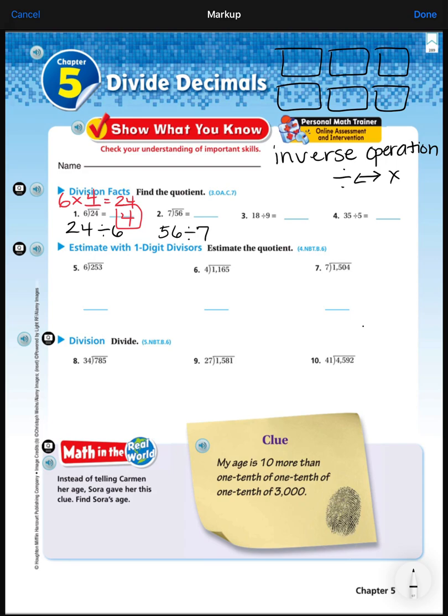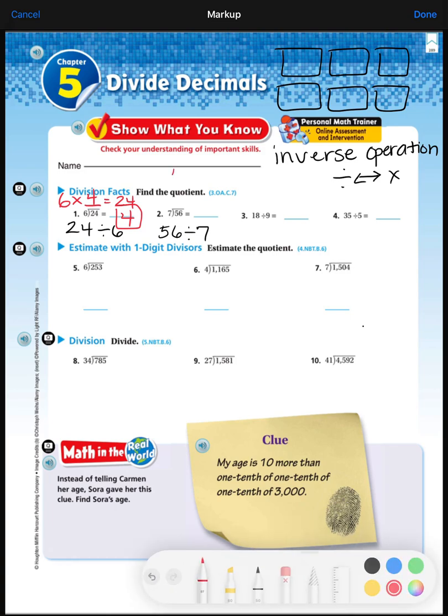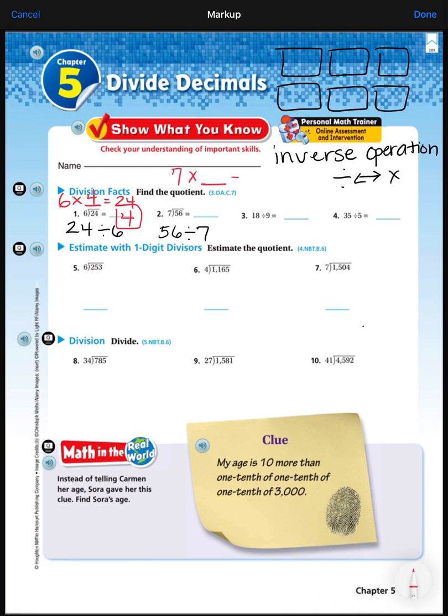We have 56 divided by 7. Okay, it could also look like this. It can be written the same way. Okay, 56 divided by 7. So that's like saying I have 7 groups and I have 56 pieces of candy that I'm dividing up equally into those groups, okay? So if I think of my inverse operation, I might say, okay, 7 times what is equal to 56?